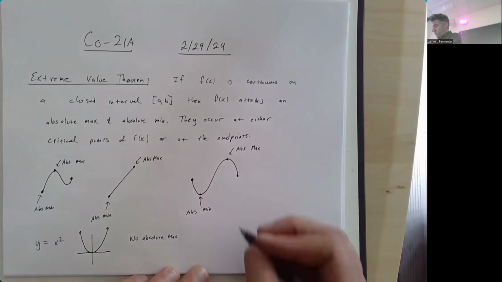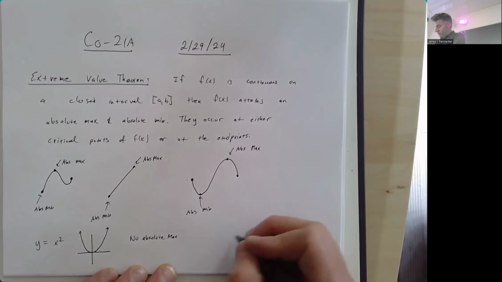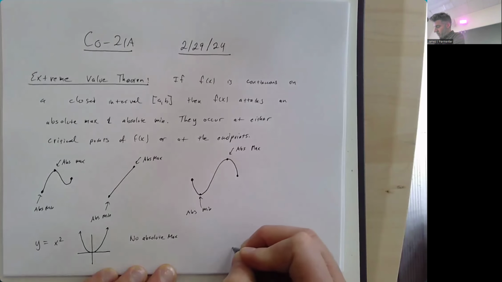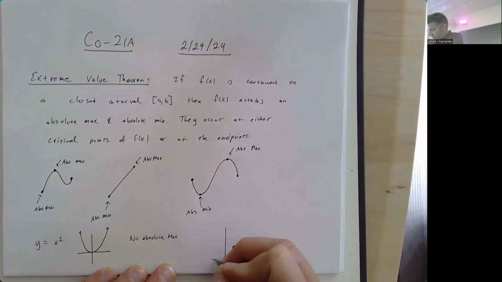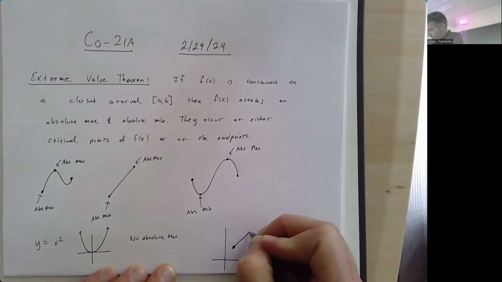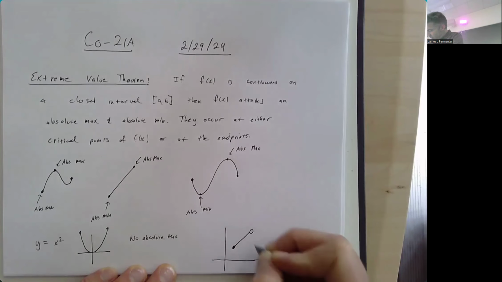Similarly, consider a function that's not continuous. I'm just going to graph something that looks like this. Let me make it a little bit better. So if I have something that looked like this, then like that. And I'll label my points here.